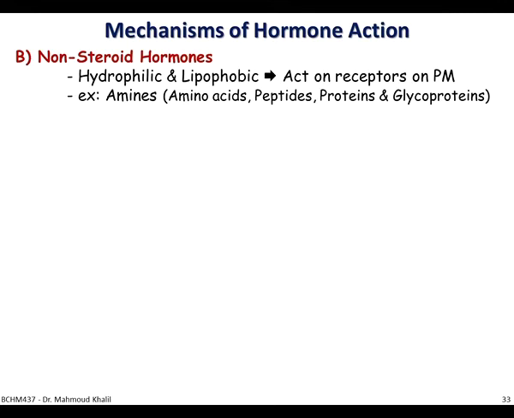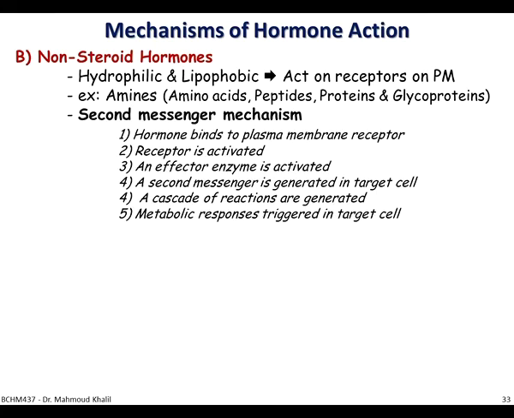The famous examples are amines, amino acids, peptide, protein, and glycoprotein hormones, and they function in a mechanism that is not direct like the steroid hormone. It functions as a second messenger mechanism. Basically, the hormone binds on the plasma membrane receptor. The receptor is activated.